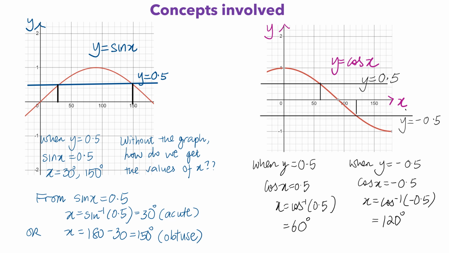For sine, if y is 0.5, it's possible to get two angles between 0 to 180. It's possible to have two angles, which is acute 30 and obtuse 150. However, for the cosine, it is an entirely different case. If y is 0.5, there's only one possible angle, that is acute 60 degrees. And if y is negative 0.5, there is only one possible angle, which is obtuse angle, that is 120.